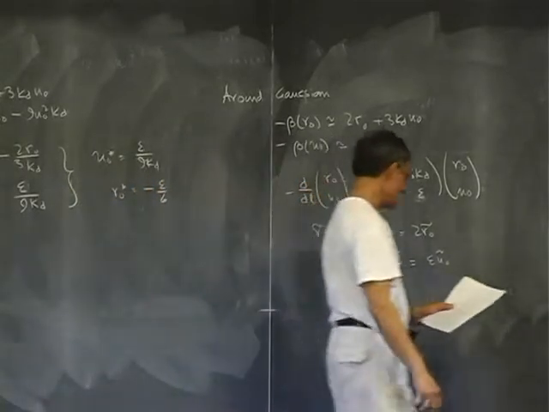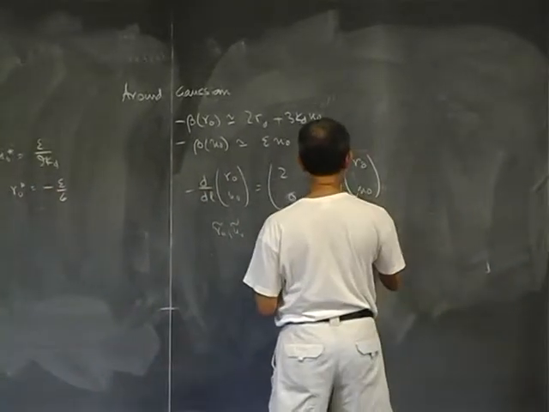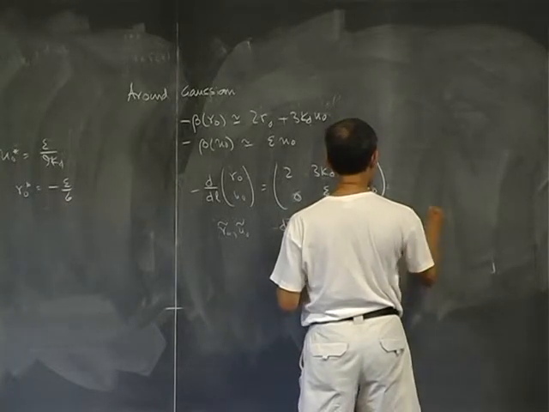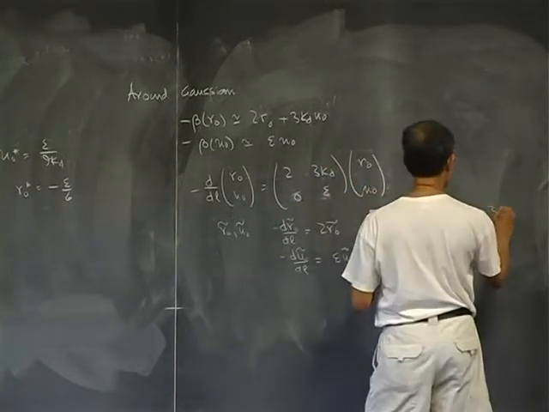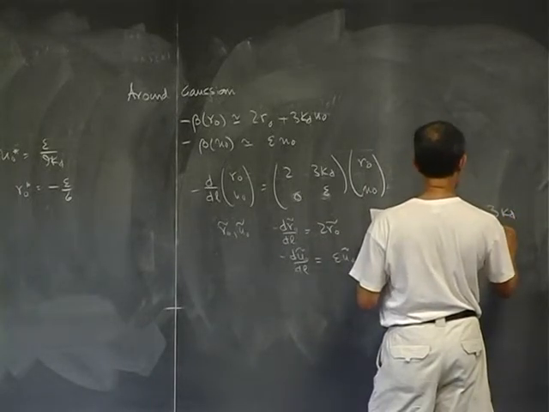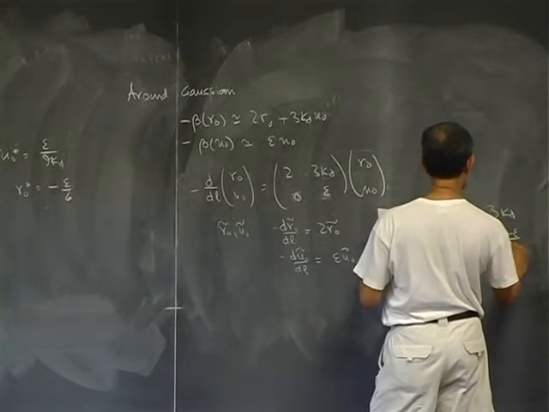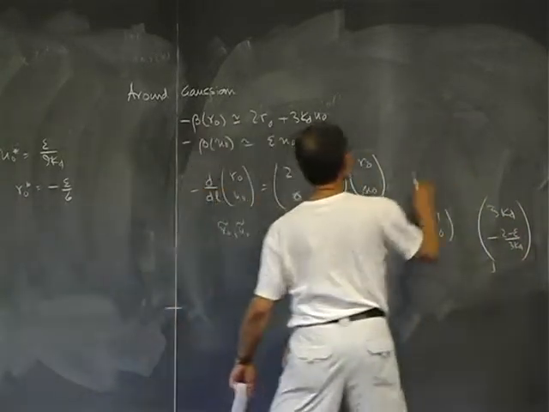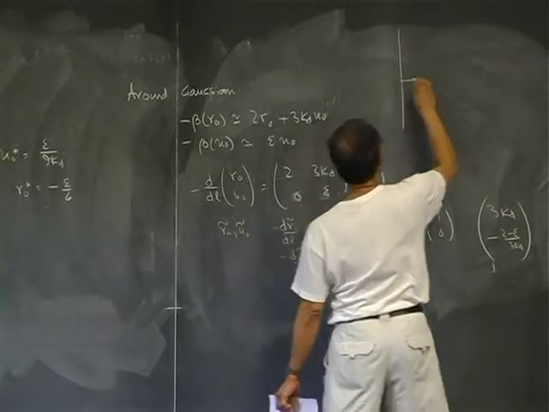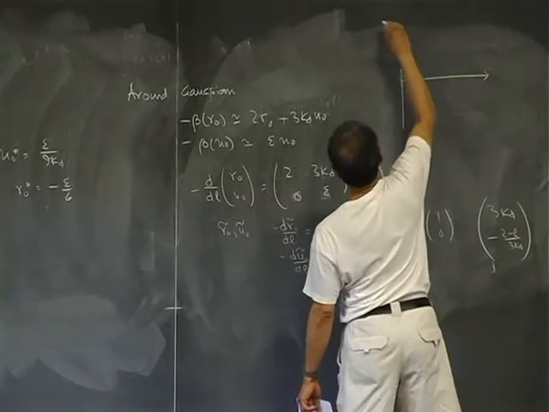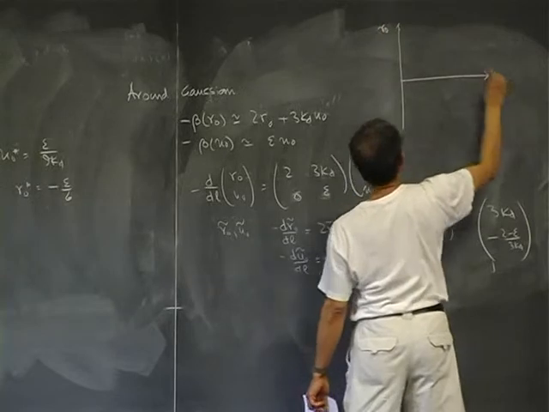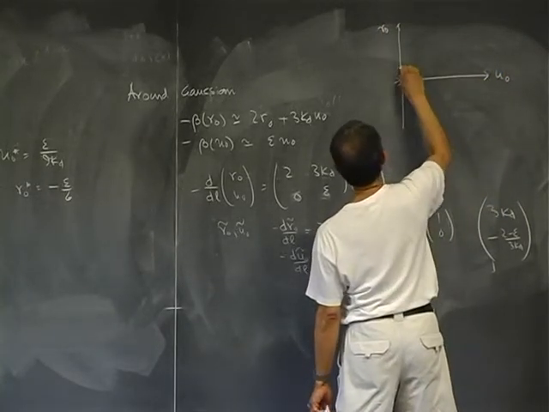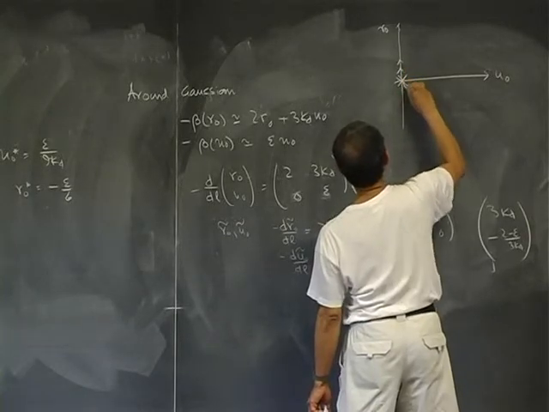And the eigenvectors are 1, 0 and 3 kd over 2 minus epsilon, and 1. So in that diagram which had R naught and U naught, this was the fixed point and the eigen directions were that and that.